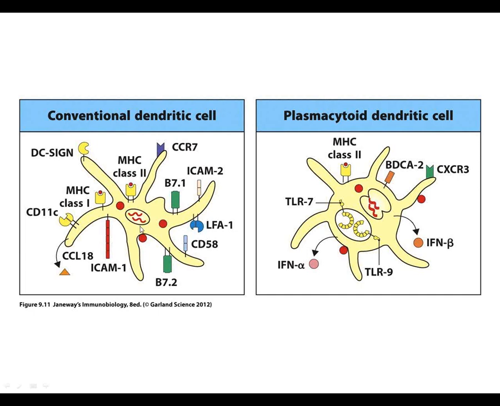Conventional dendritic cells specialize in presenting to T cells. You can tell them apart by their various cell surface markers, right? So you would anticipate conventional dendritic cells to have lots of MHC class 1 and class 2, as well as co-stimulatory adhesion molecules to allow the entire response to happen.